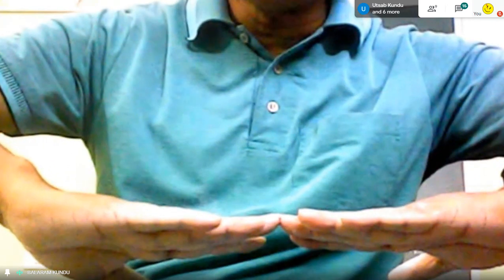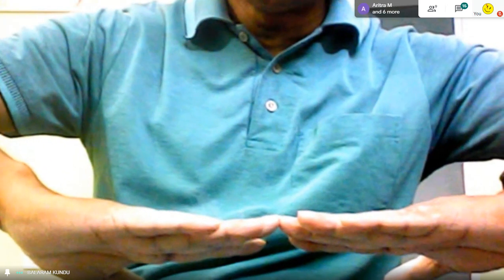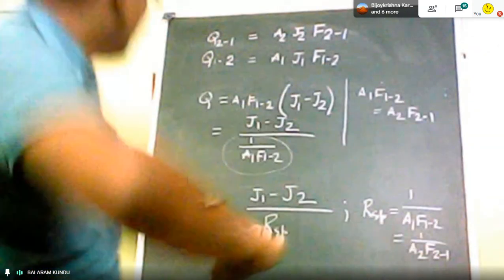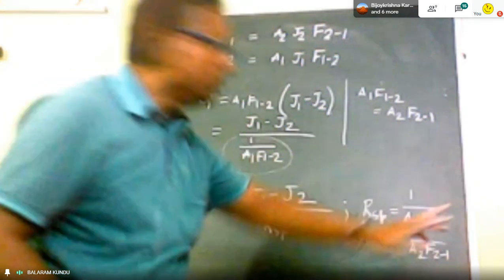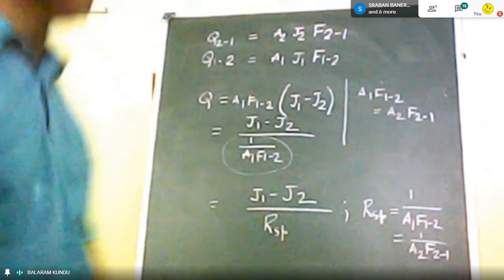That means view factor equals 0. If the view factor is 0, then what? Space resistance equals 1 by A F, with view factor equal to 0. In that case, space resistance goes to infinity. If space resistance goes to infinity, there will be no heat exchange.